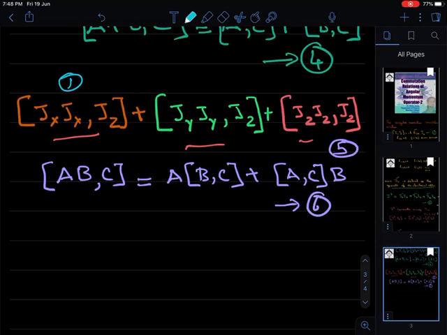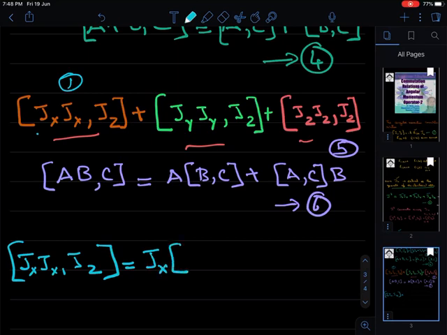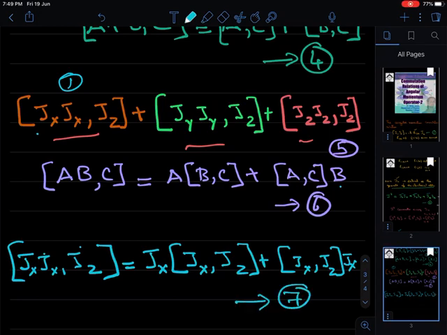Let me look into the first term of equation 5. According to equation 6, [Jx squared, Jz] can be written as Jx[Jx, Jz] plus [Jx, Jz]Jx. We'll give this equation number 7.